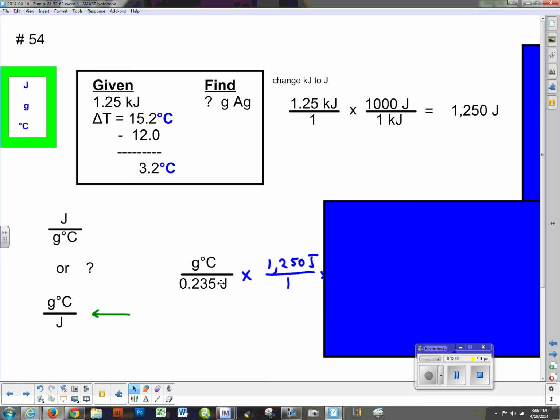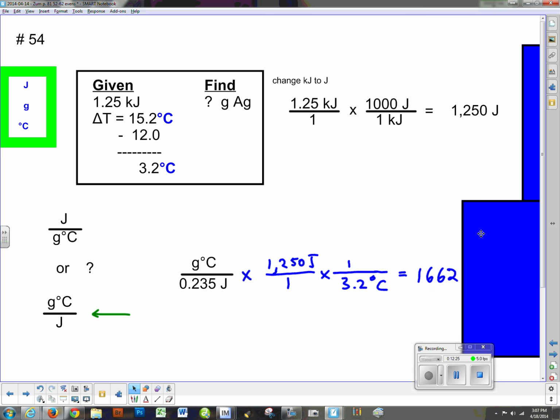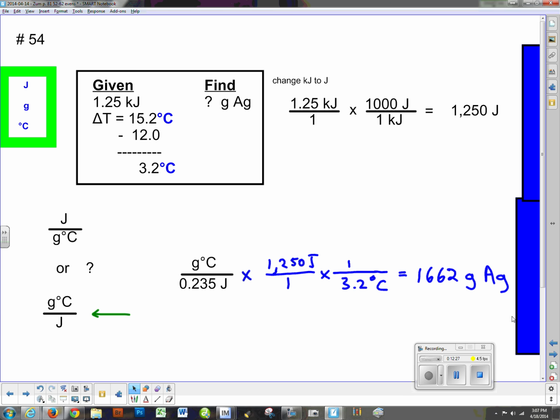Because we got to get the joules off the bottom. And why is degrees centigrade on the bottom? Gets rid of the centigrade. Now, folks, on your other givens, these are going to form a fraction with one on the top or the bottom, depending on where they have to be to cancel their units of measure, respectively. And so here's the answer you should have on this one. All right?